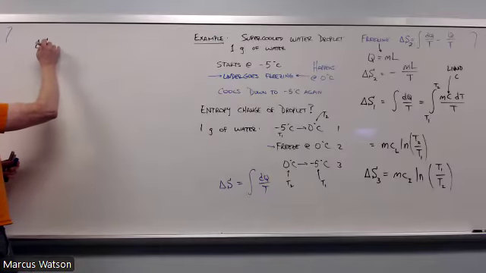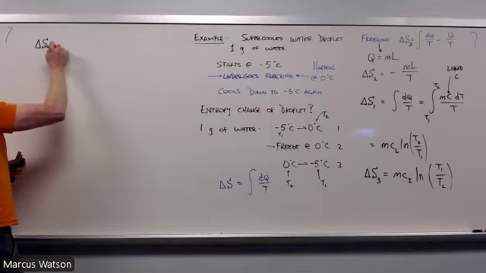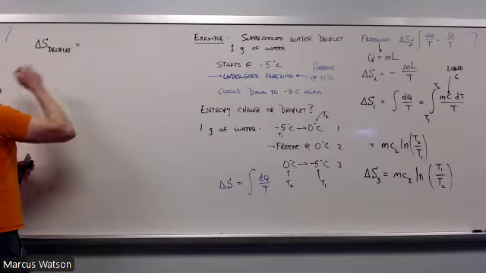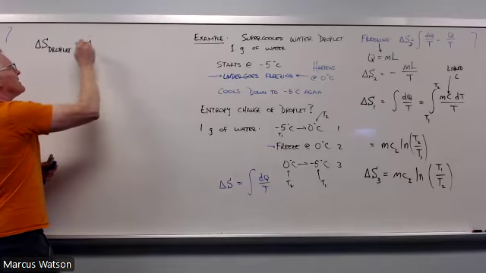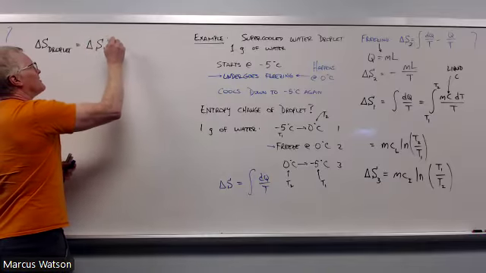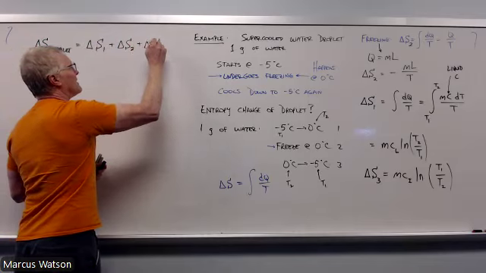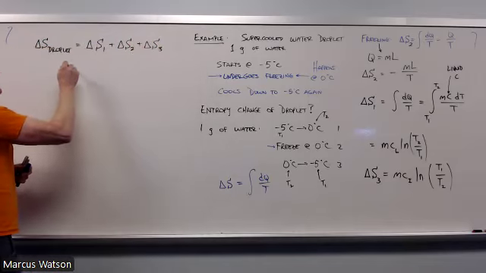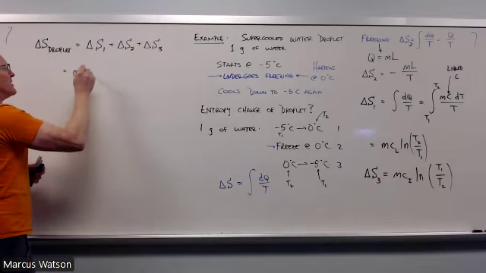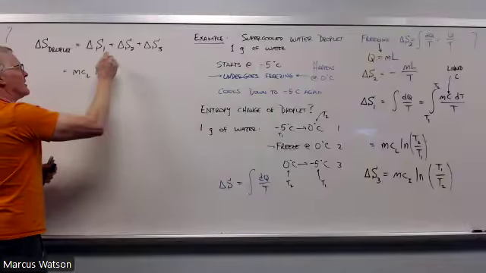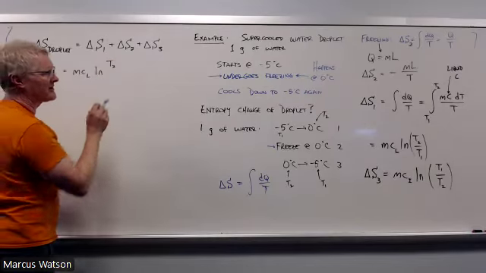Ultimately then, the droplet's entire change in entropy is going to be 1 plus 2 plus 3. And so I can, in fact, calculate all of those. That's going to be the liquid times the log of T2. What did I call it? T2 to T1?